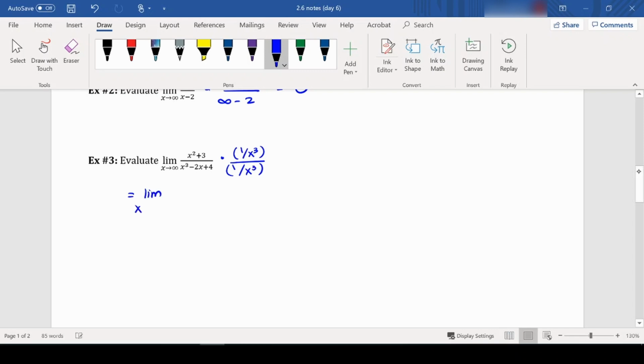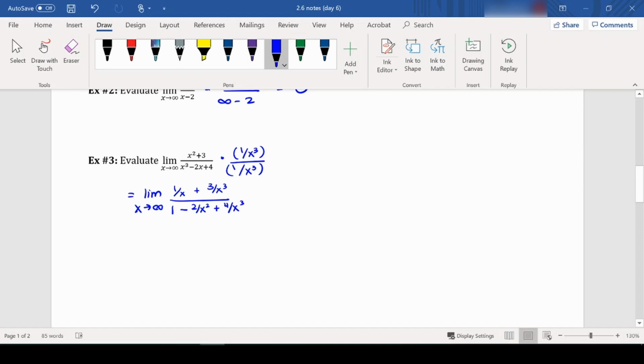This is then going to give me the limit as x approaches infinity of x squared over x cubed, which would give me 1 over x, plus 3 over x cubed on the top. On the bottom, I'm going to have 1 minus 2 over x squared plus 4 over x cubed.